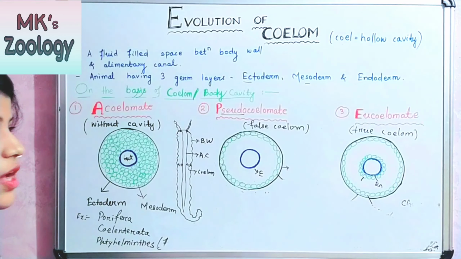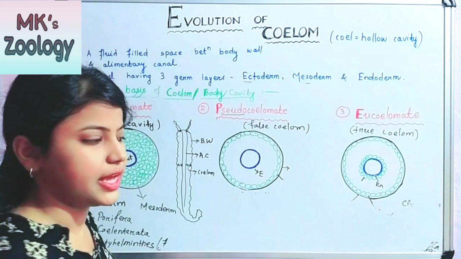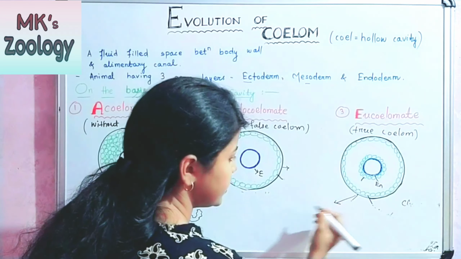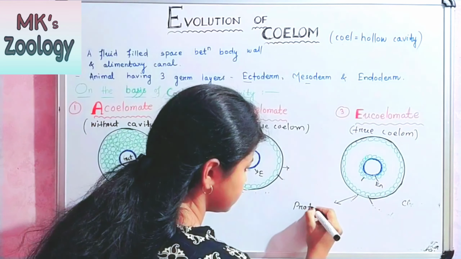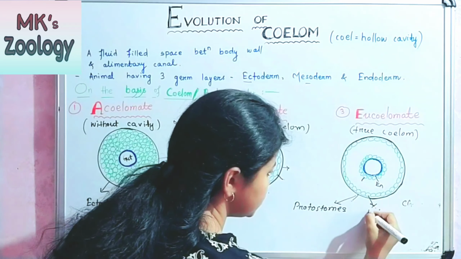Eucoelomate organisms, on the basis of embryological development, are of two types. First one is protostomes. Second one is deuterostomes.